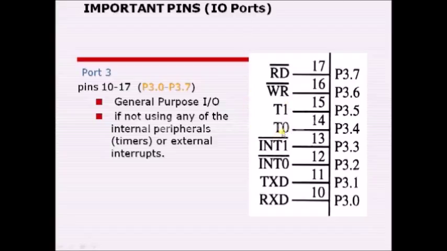T0 and T1 are timer pins, and we'll discuss them when we discuss timers. Then we have WR bar and RD bar, which are mainly used for connecting external RAM. Here WR bar is connected to the WR bar pin of external RAM, and RD bar is connected to the OE bar pin of external RAM.